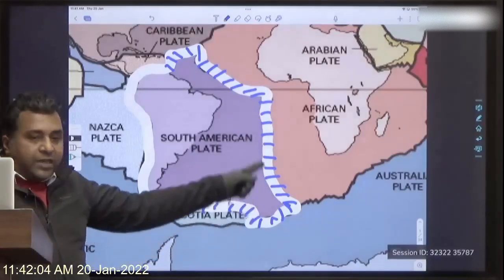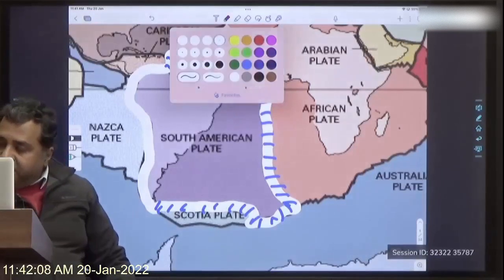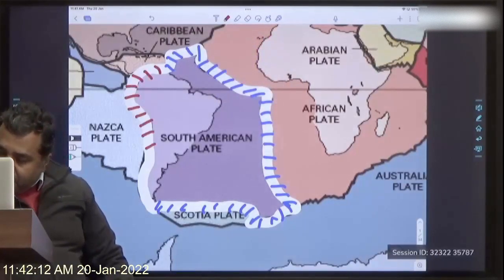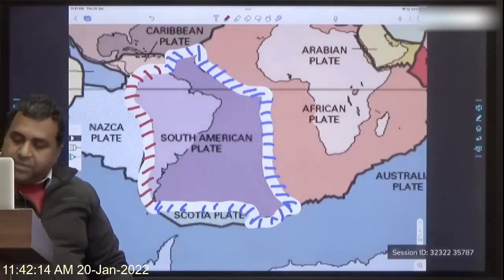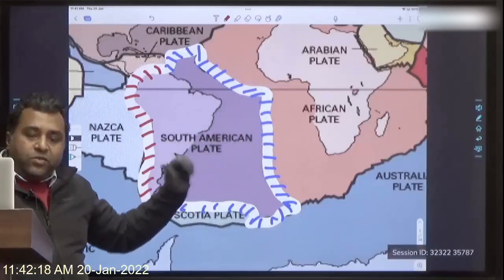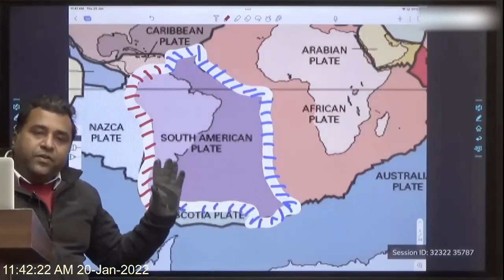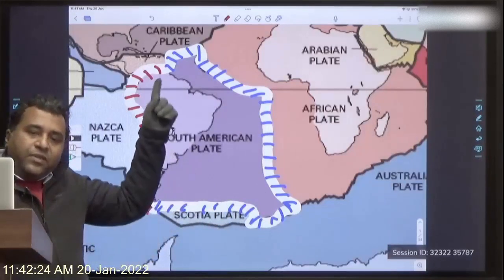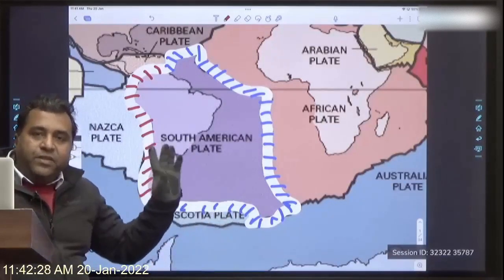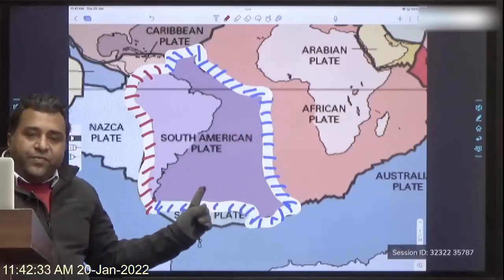So this bluish colored side margin of this plate, and then you have the other one as the red colored margin of the plate. So my question is, from this blue colored margin, what will the South American plate be called? From this blue colored margin side, what will we call the South American plate? And from the red colored margin, what will we call the South American plate? The same plate, South American plate. From the blue colored margin side, if we see, what will we call it?